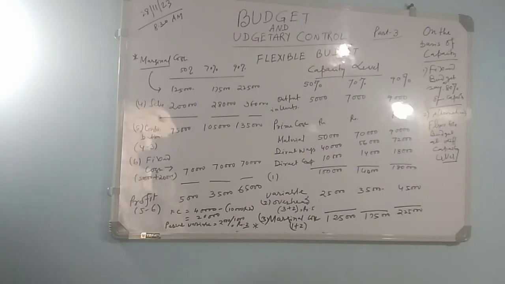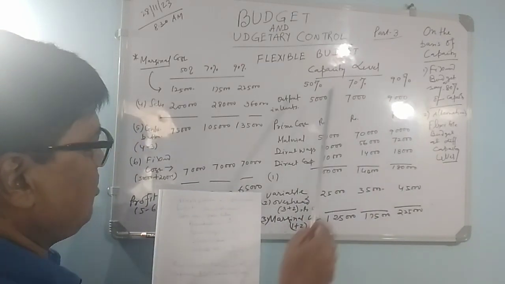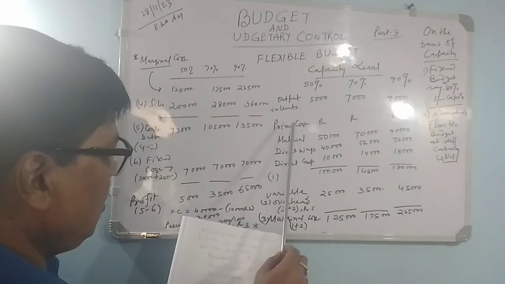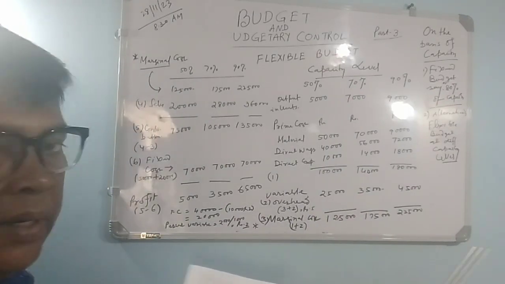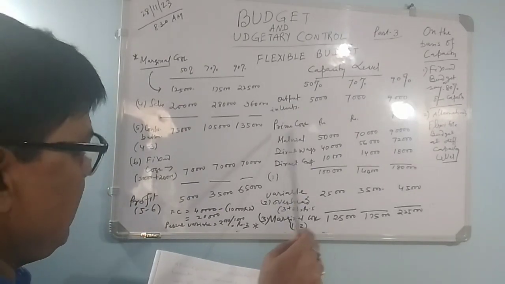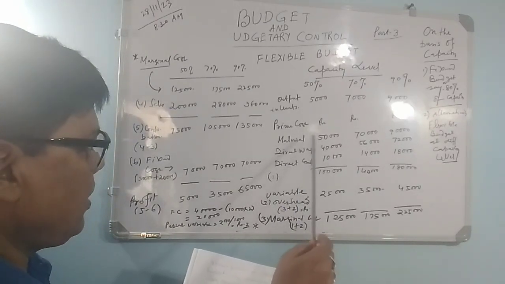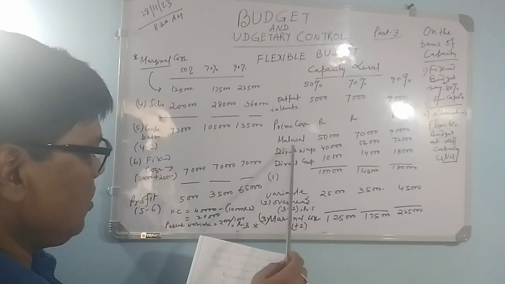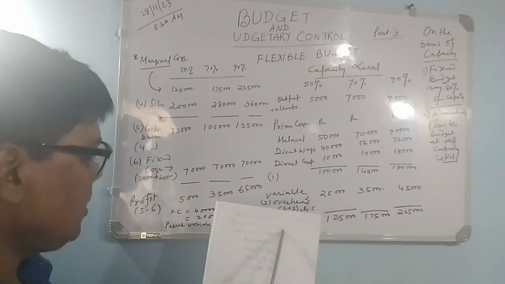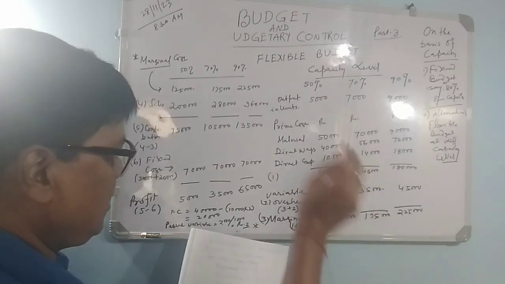At the 50%, 70% and 90% capacity levels, your output is 5,000, 7,000, 9,000 units. Since the problem says to use the marginal costing concept, you have to find the prime cost and then the total marginal cost. Raw material at 10 per unit: 50,000, 70,000, 90,000.